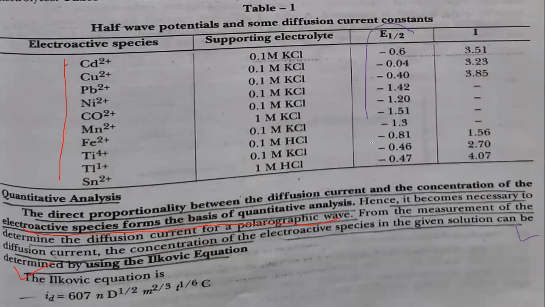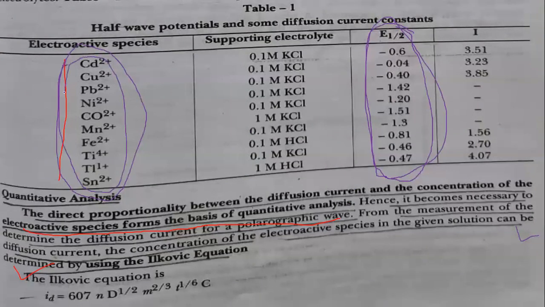Okay, so these are the half-wave potentials. If any value you have got from the experiment matches with any of these values, that may indicate the presence of one of these metals over here. And these are the metals which can be easily studied qualitatively from aqueous solutions.